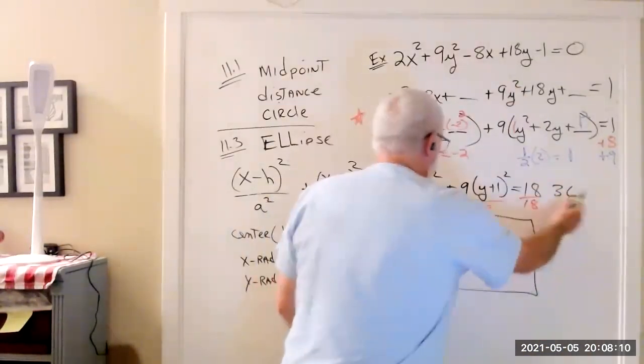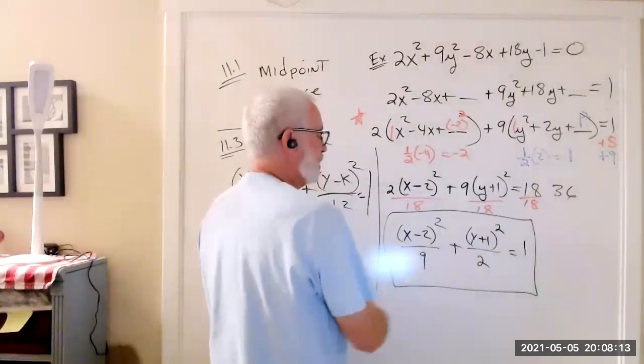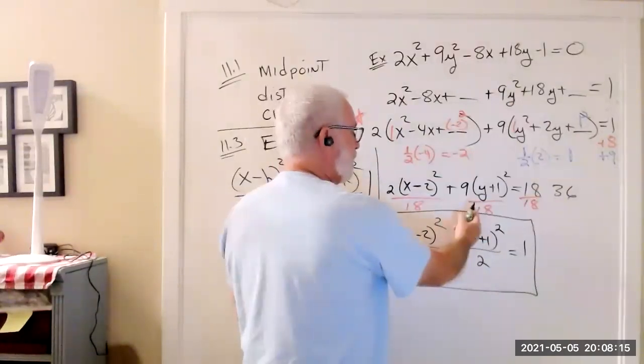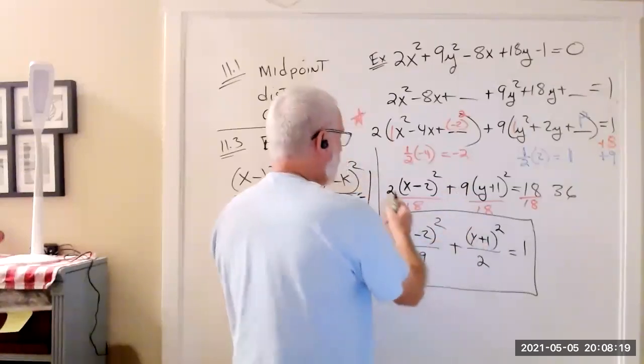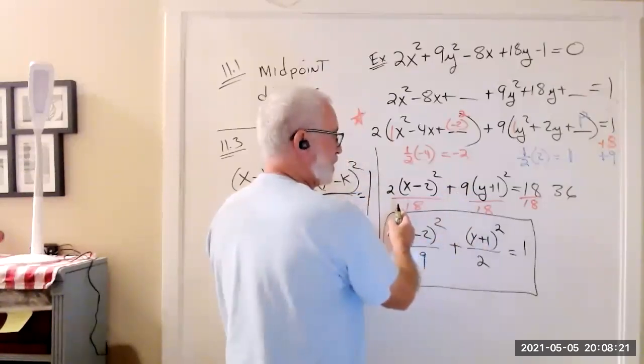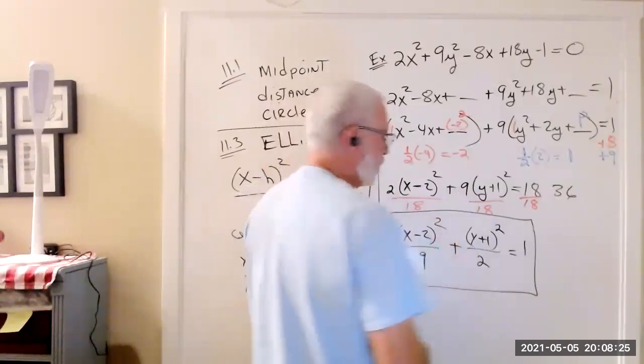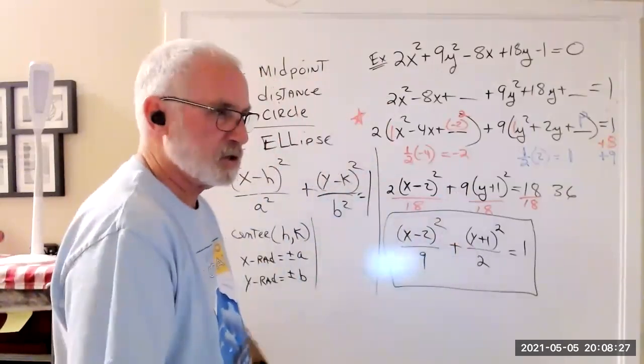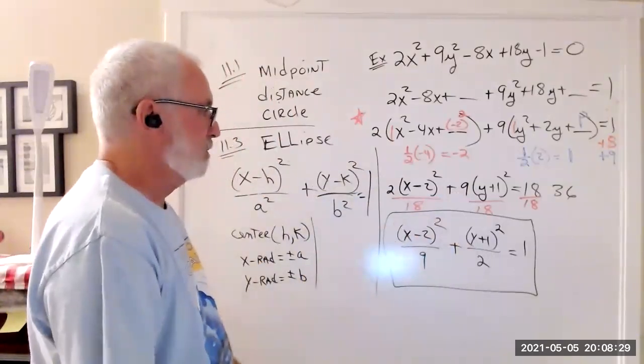And I divided everybody by 36, this would be 4. 9 divided by 36 is 4. 2 divided by 36 is 18. So they would have been totally different. So it's just a coincidence. It's just what happened to work out.